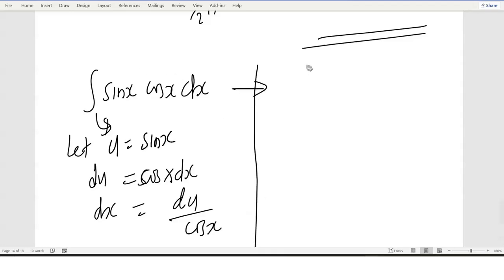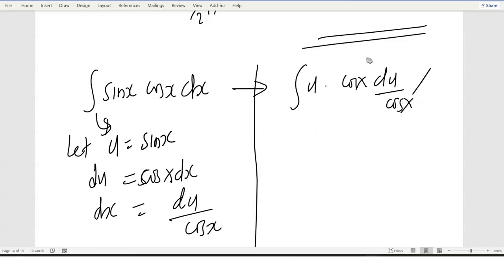So this one will therefore equal integrating sine x, which is u now, times cos x, then times dx. dx is du divided by cos x.